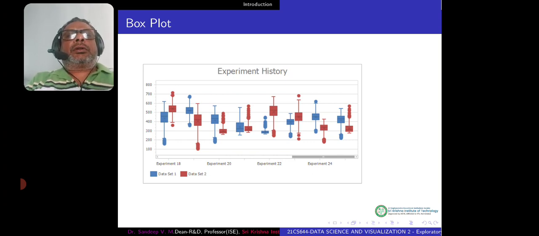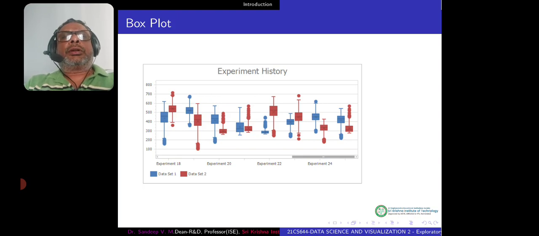When you talk about a box plot, we talk about 5 parameters: minimum, maximum, median, the first quartile and the third quartile. So 5 parameters are shown. A box is drawn between the first quartile and the third quartile, and with that we can understand how the data is spread.